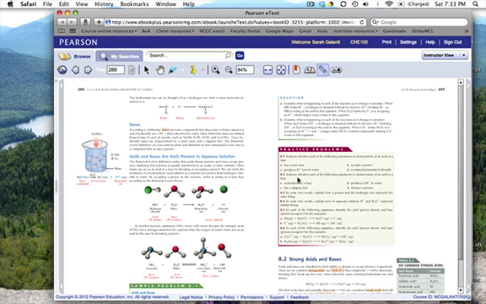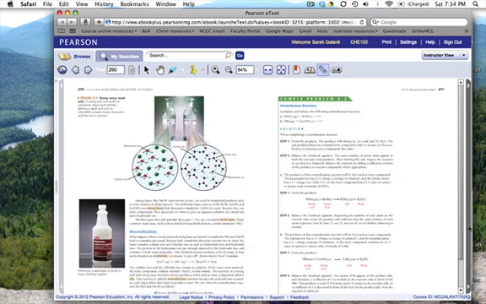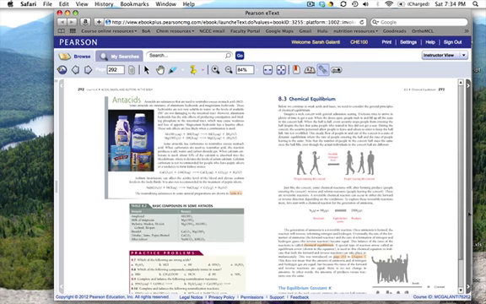So practice problems here are good practice. You should know the difference between strong acids and weak acids, or strong bases and weak bases. So that's the first part of the chapter.